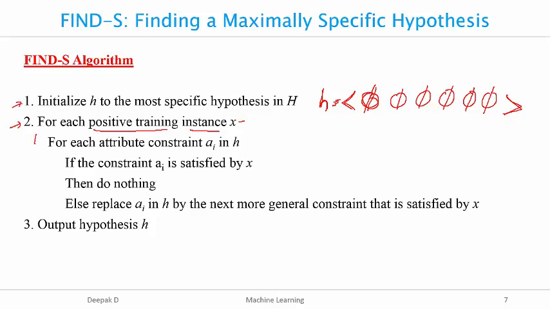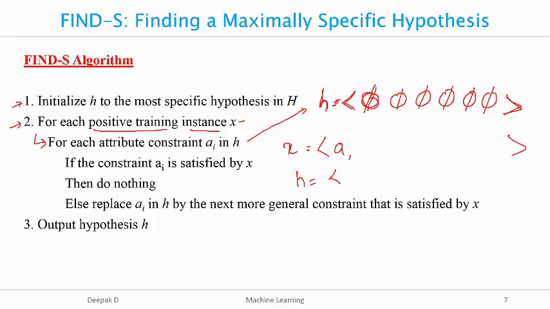In the second step, you need to check whether the attribute constraints in h are satisfied by x or not. If they are satisfied, then don't do anything. If not, then you need to replace the attribute value in h by the next more general constraint that is satisfied by x.